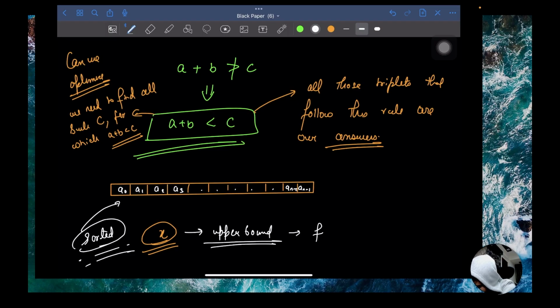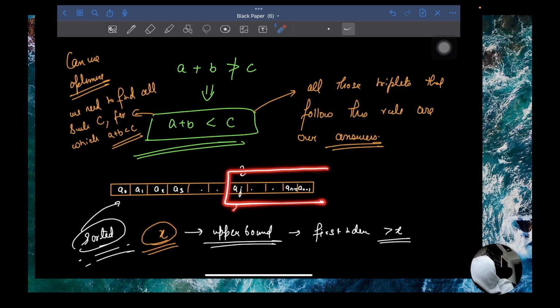Upper bound gives us the first index greater than x, right? So let's say some index a of j is the upper bound for x, that this is the first index greater than x. If this is the first index greater than x, everything to the right of it is also going to be greater than x. Can I say that?